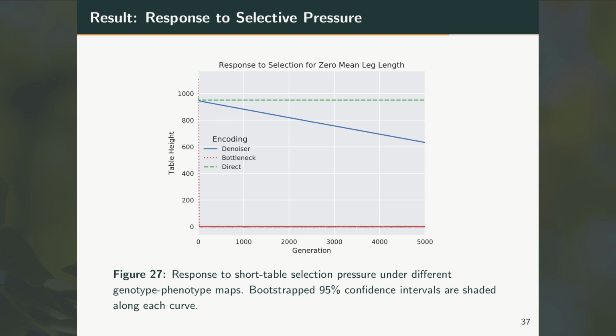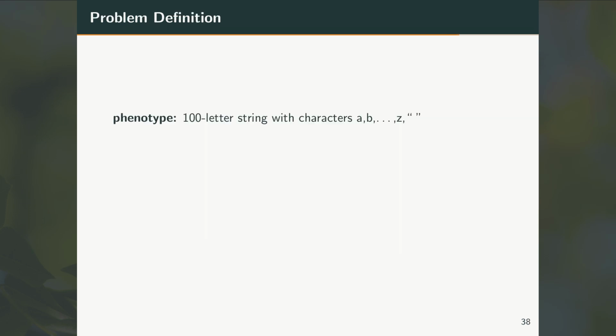And the bottleneck encoder, where we're just evolving a single value of the table height that's getting mapped back out to all the leg lengths, very trivially finds the global optima of the zero height table, right? So that's a bit of a proof of concept, really a toy problem.